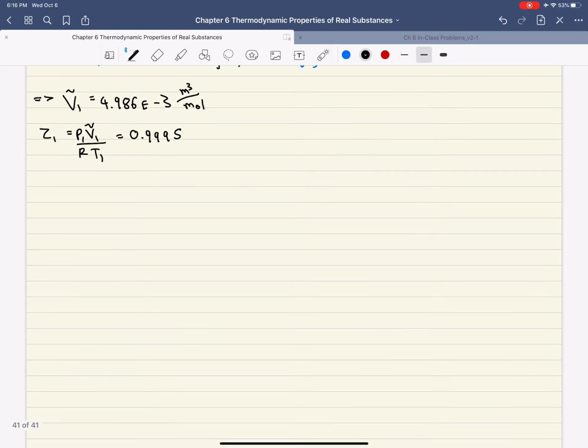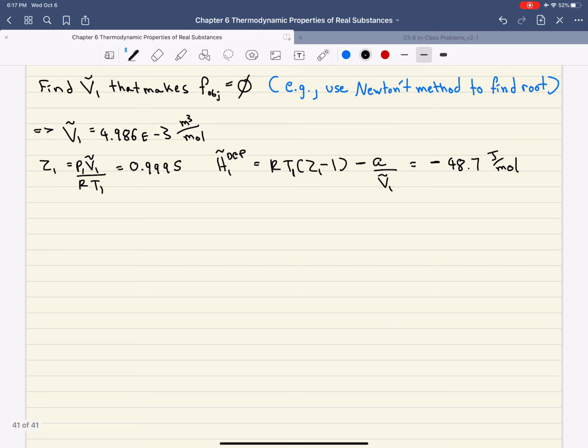So we found Z1. We could also find H1 departure, which once again is just RT, Z1 minus 1, plus T1 times the derivative term, minus A over V1. And for that, we get a value of negative 48.7 joules per mole. Okay, so that's how we solve for the departure function for H1.